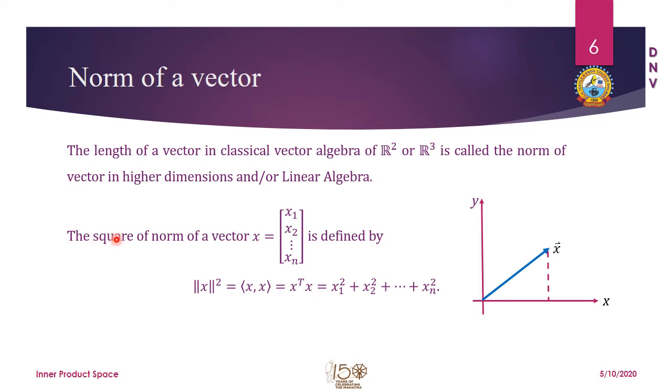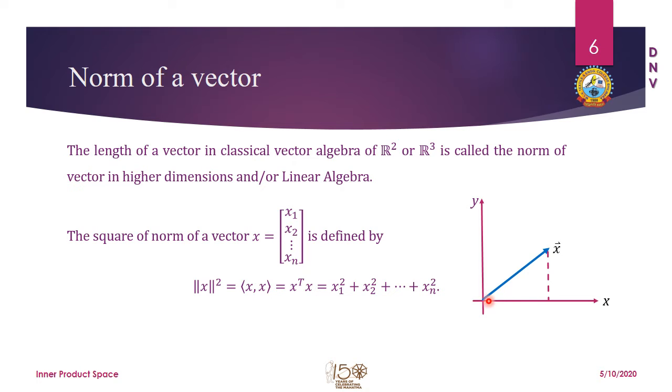If we want to define the norm of a vector, then we define the square of the norm of vector x as the inner product of the vector with itself. So the inner product of a vector with itself is denoted by the square of the norm of the vector, and this is nothing but the sum of squares of the component values, x1 square plus x2 square plus x3 square up to xn square.